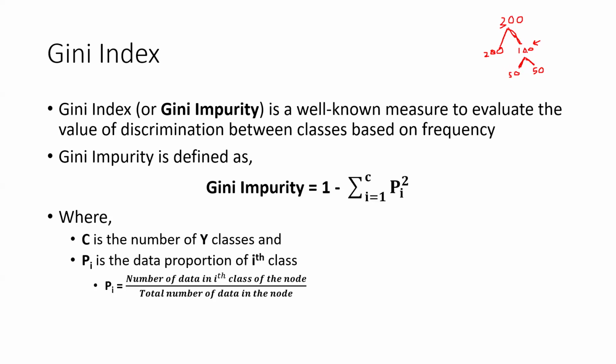So this is not about dividing the 100 into 51 and 50, but if these 50 data points are relevant to 50% accuracy, and these 50 data points are relevant to 50% accuracy, that means you have not added any purity by adding this particular variable, right? So maybe you may not want to add this particular variable because it is not adding any accuracy. But say this 50% of data points are 100% accurate, and this particular 50% of data points are also 100% accurately classified.